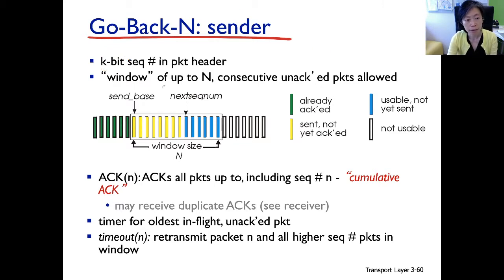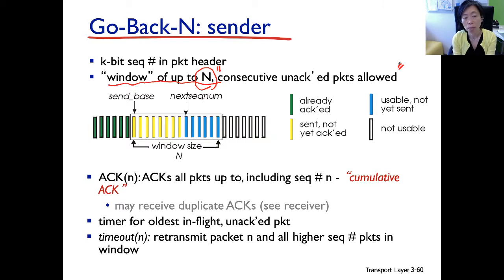Next, in Go-Back-N, or generally in pipelined RDT, we have this thing called the sending window. The sending window is associated with a limit, which we call N, the sending window size. N here limits the number of unacked packets allowed.